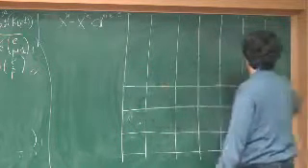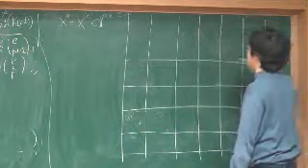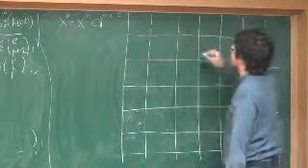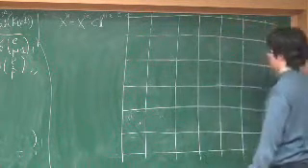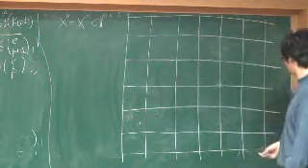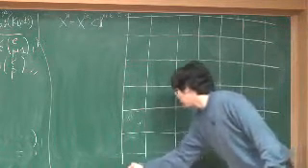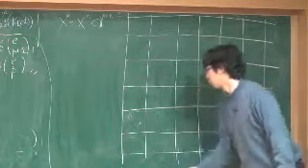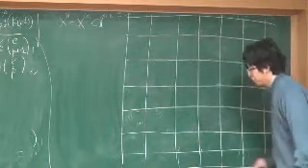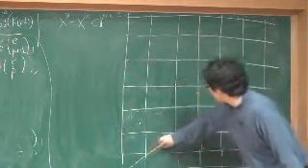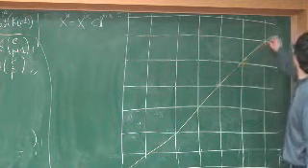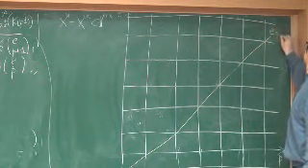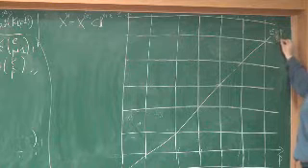I think it is good we add one more row. So this line means E equal P line.